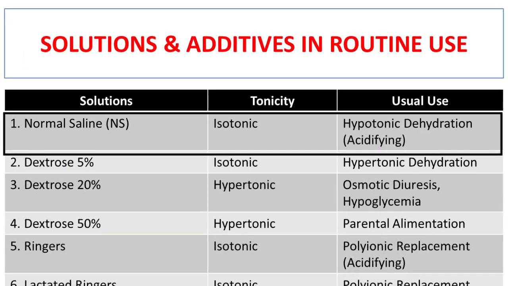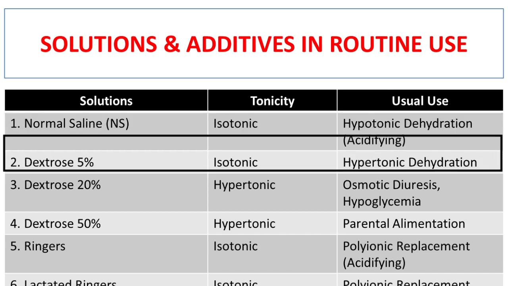Normal uses are in hypotonic dehydration, but it is an acidifying solution because when we give sodium chloride, it splits up into sodium and chloride ions. Chloride ion has greater affinity for the hydrogen ions, so they will make hydrochloric acid. That's why we say this normal saline solution, of course, is isotonic, but it is an acidifying solution because it ends up as hydrochloric acid.